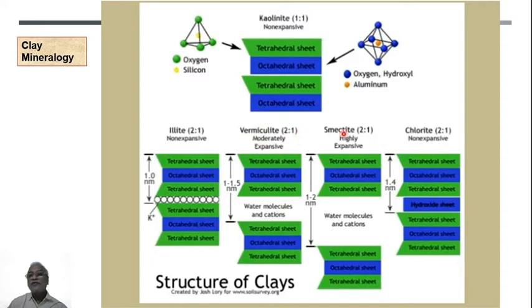All of them are 2:1 now, so moderately expansive, because water molecules and cations will be entering into that. Now in case of smectite, highly expansive soil, there will be too many water molecules, and then cations will be entering into that. So chlorite, again non-expansive, a hydroxyl sheet will be there in between. So in montmorillonite, it has got too much thickness of water.